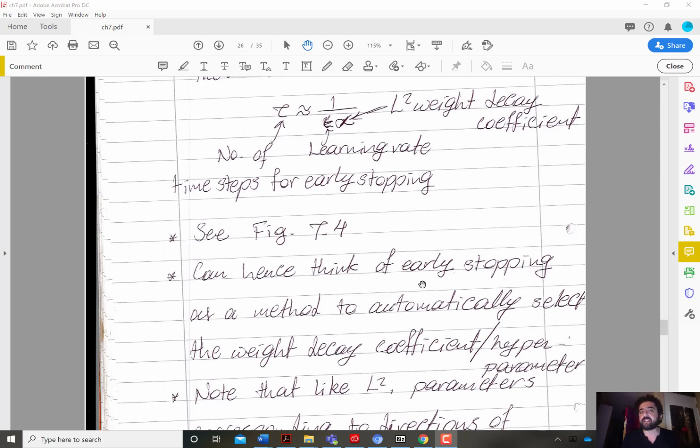And that's basically it. So that's why it's very advantageous, and you see it much more commonly in deep learning, especially because the number of parameters is typically very large, and the training takes a long time in many cases, because these models are complex. So if I were to do L2 with multiple regularization coefficients, that would be very costly in terms of computation, right? But early stopping is very simple.